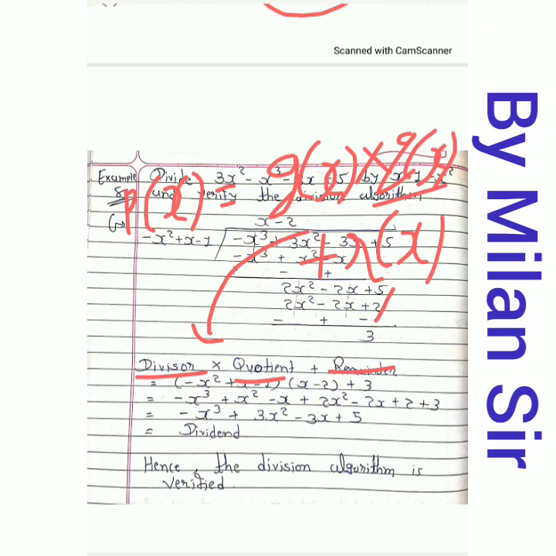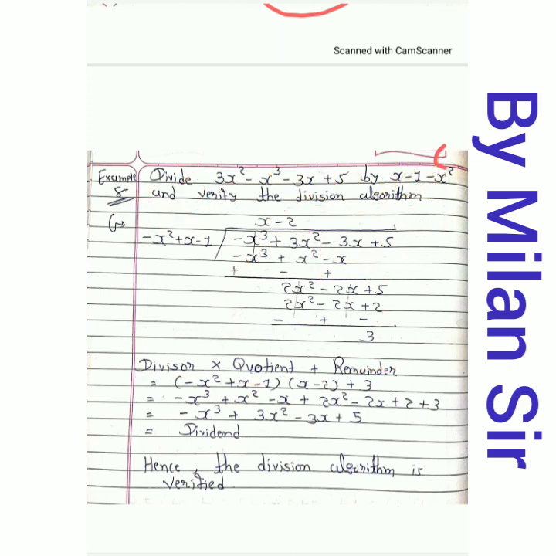If we multiply and add these three things, then we need to find our original p of x. So divisor minus x square plus x minus 1, quotient x minus 2, and remainder plus 3. Now simplify this.